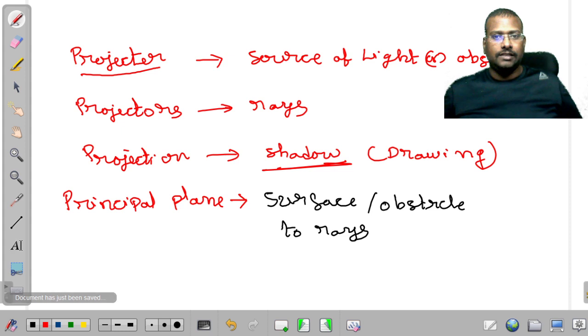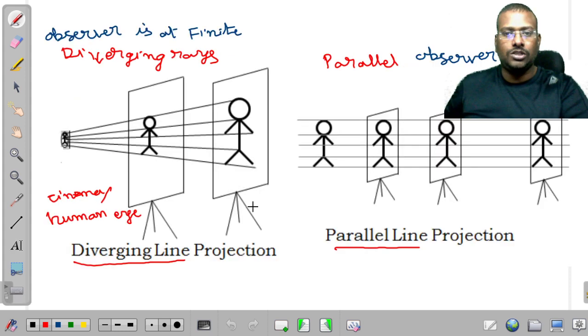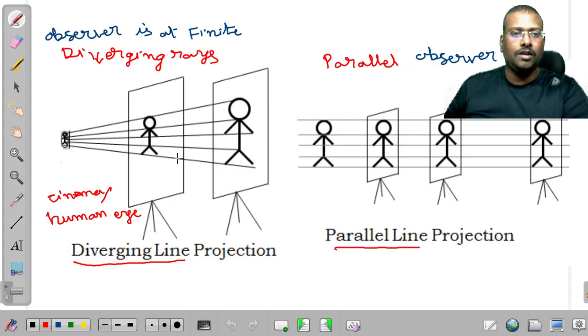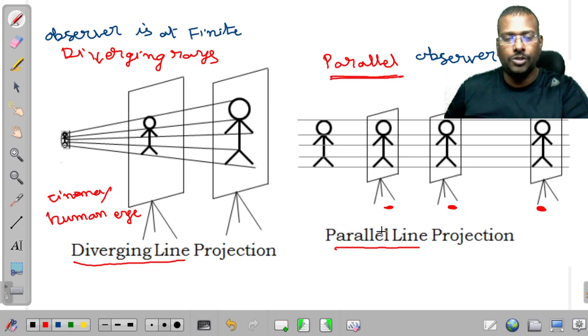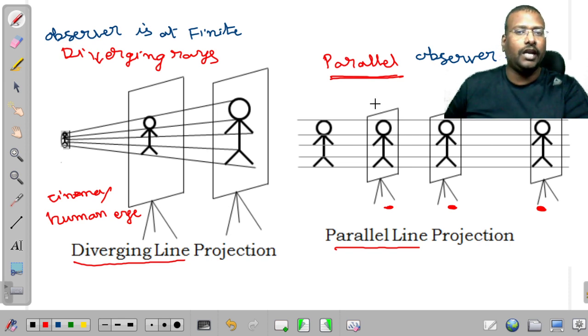Apart from these, we have already come across the size of the projection. We will get it the same with respect to the position of the principal plane whenever the rays are parallel. It is called parallel line projection. In order to get this, the observer should be at infinite distance. But if the observer is at finite distance, the rays are going to be diverging in nature.